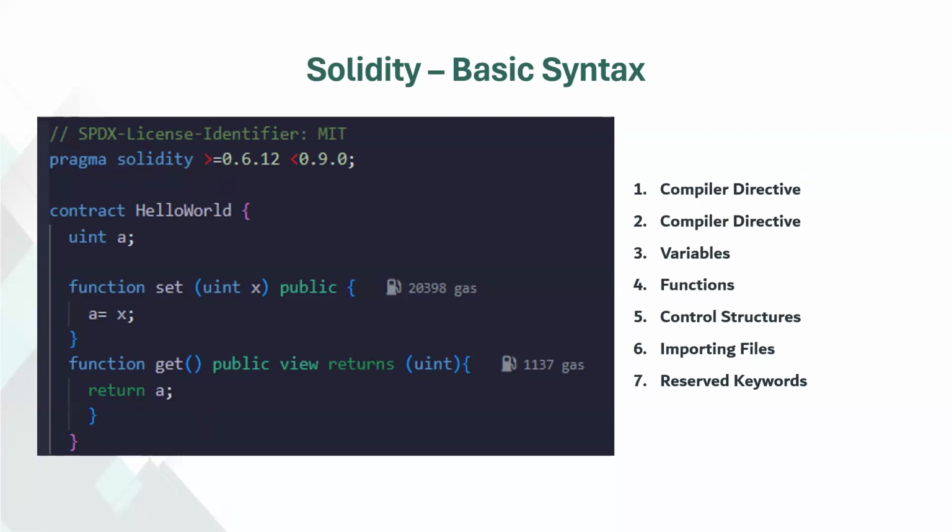For example, in this code, the pragma directive specifies which version of the Solidity compiler should be used, as you see here.